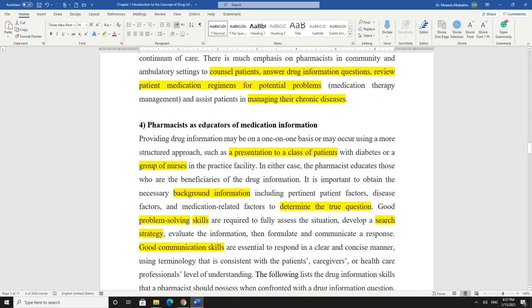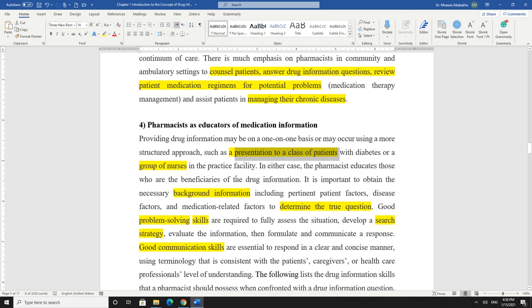Also, what helped in the evolution of drug information is education. Now we are educators. We can present information to a certain class of patients. We do a presentation for them.